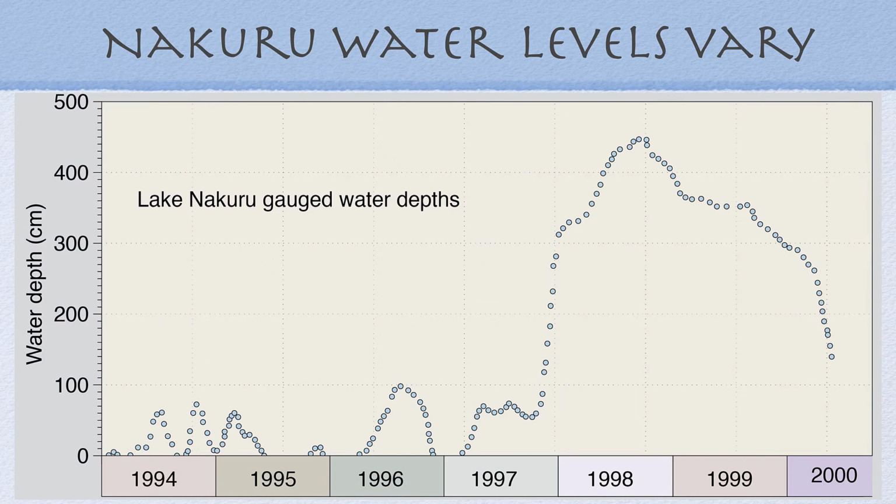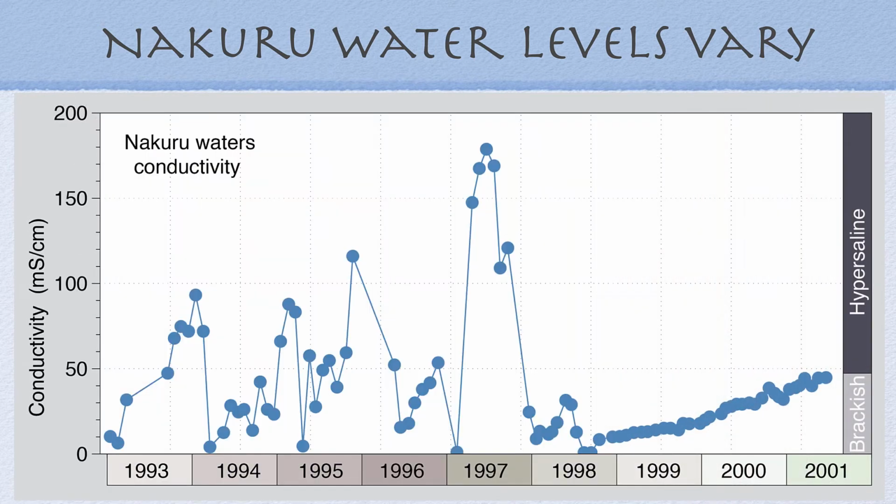And here's a detailed chart of gauge water depths in Lake Nakuru, and you can see how water depths fluctuate, and associated with those changes in water depths we get changes in salinity, so that at times of lower depth we see higher salinities where the total surface area is reduced and evaporation is causing an increase in salinity, and other times the lake becomes flooded, and so we have much higher water depths, and we're seeing fluctuations in conductivity or salinity.